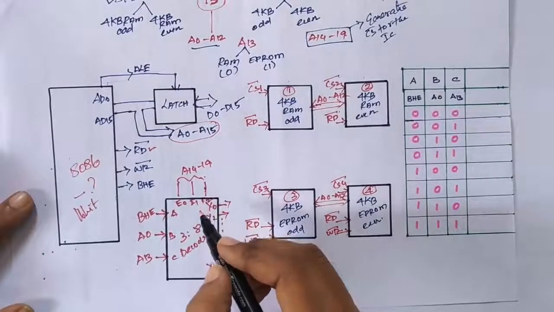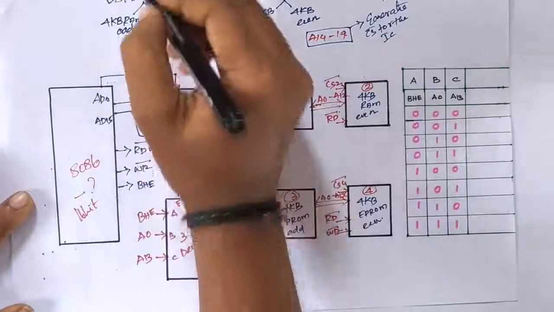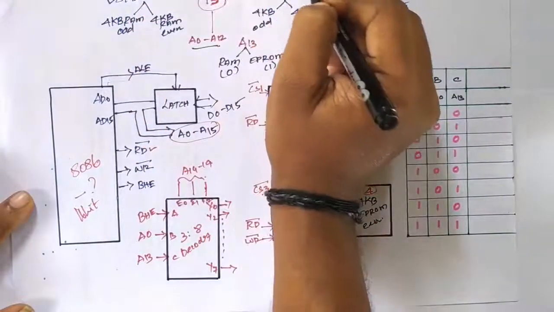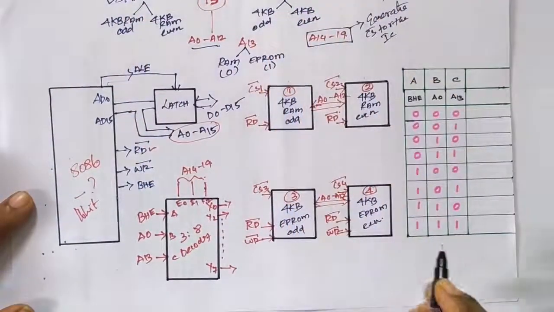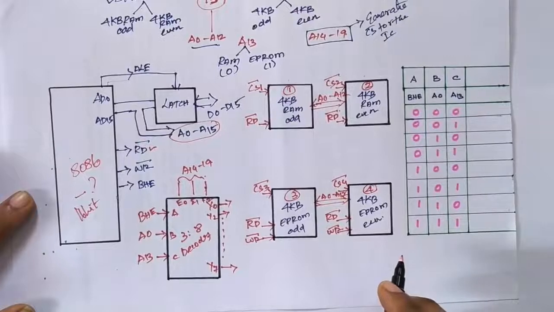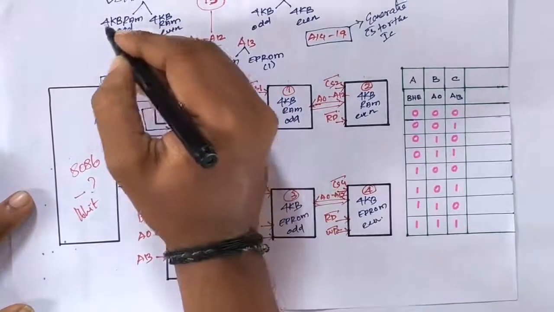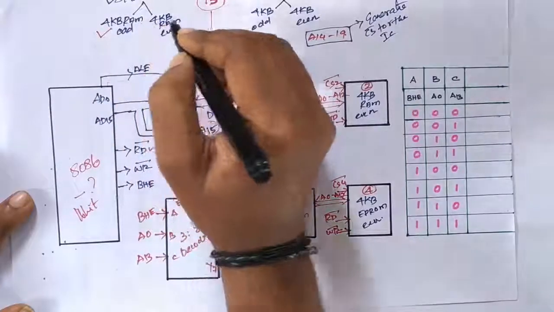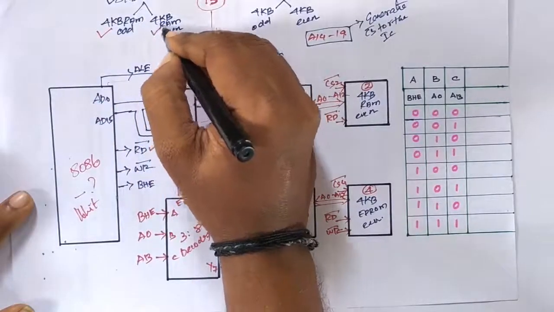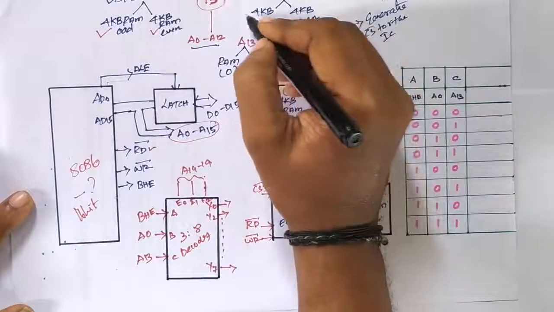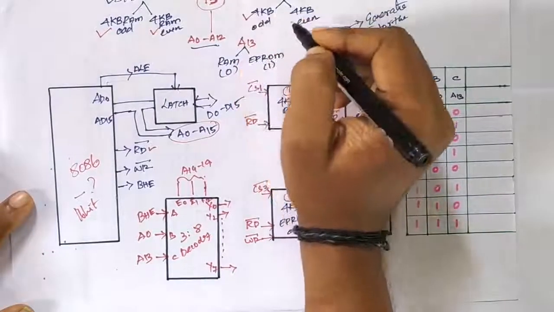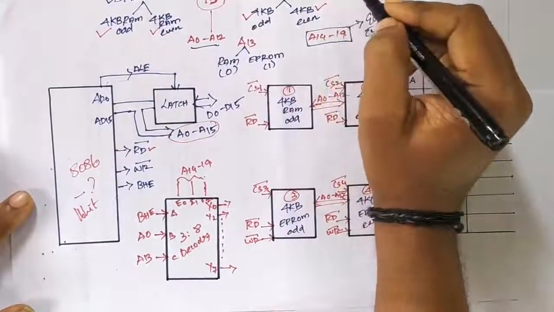While referring to the address map for interfacing the 8 kilobyte RAM and EEPROM, we already generated the starting and ending address of the 8 kilobyte RAM and EEPROM. Similarly, we have the starting addresses for the odd bank 4 kilobyte RAM, even bank 4 kilobyte RAM, 4 kilobyte odd bank EEPROM, and 4 kilobyte even bank EEPROM.